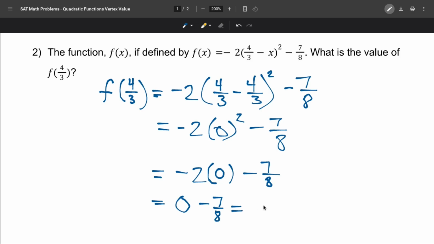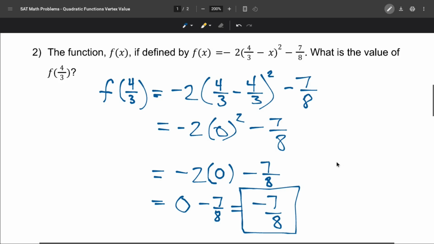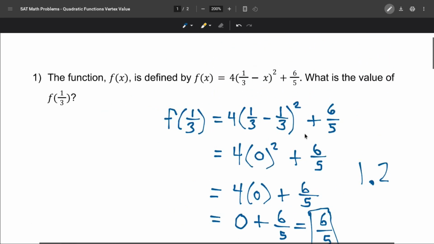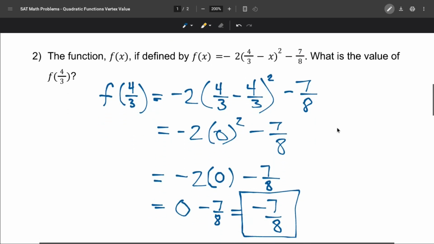So my solution here is just going to be -7/8. That's it. And that one, by the way, would be a maximum because we have a -2 in front here. If we look at problem 1, we had a 4 in front, so that's a minimum for the vertex.